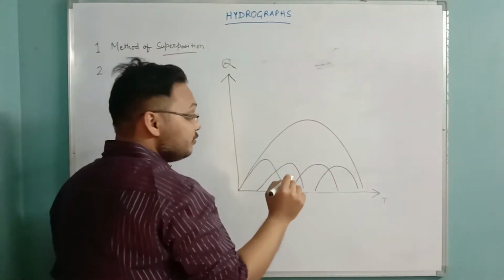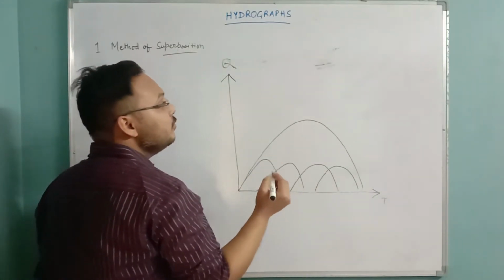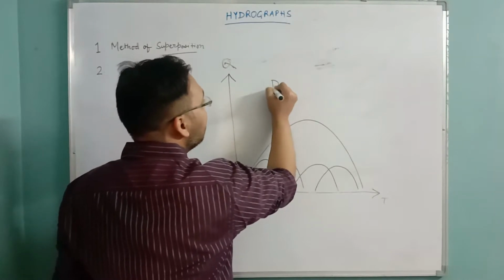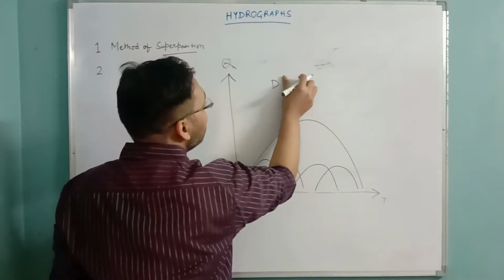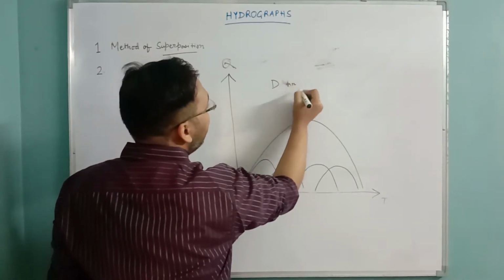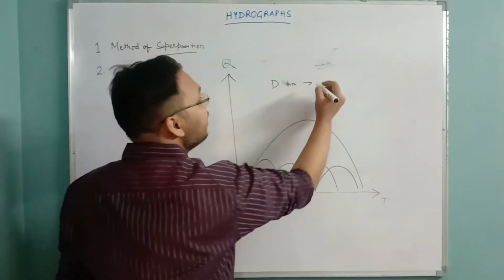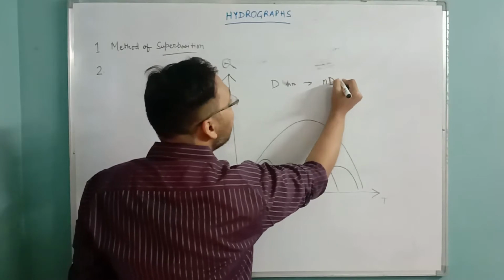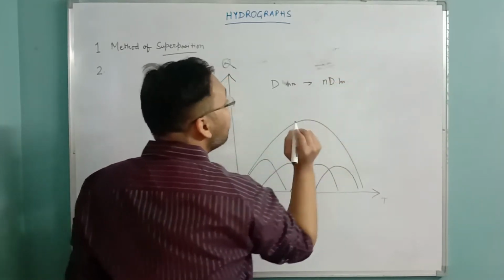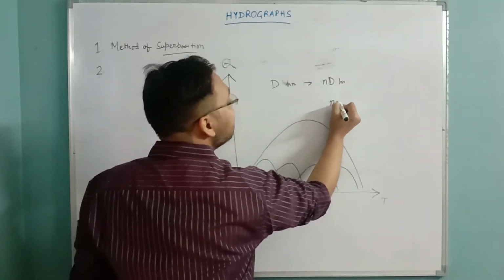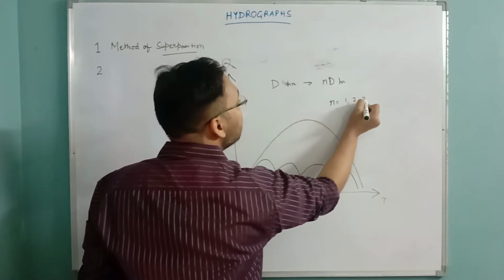In this method of superposition, if we are given a D-hour hydrograph, we could find the nD-hour hydrograph, provided that n is equal to 1, 2, 3.